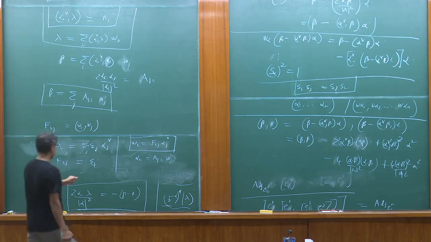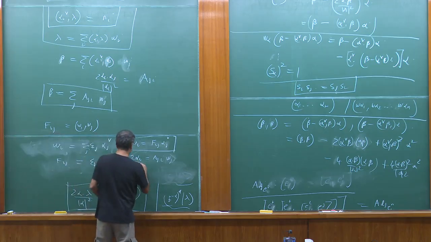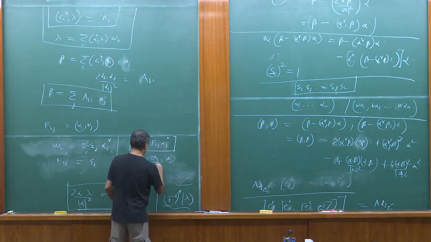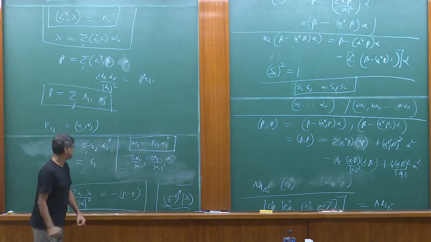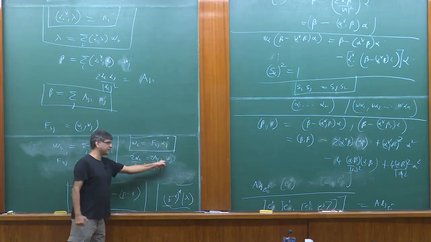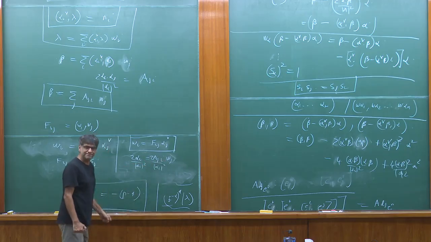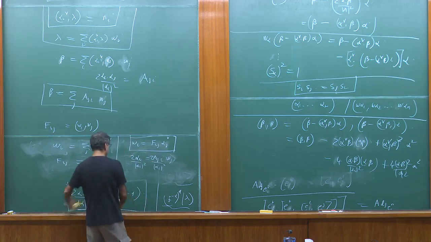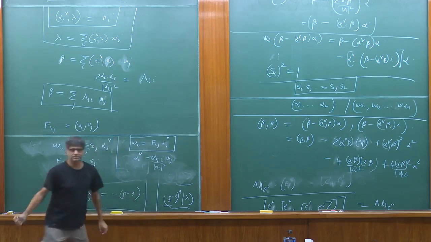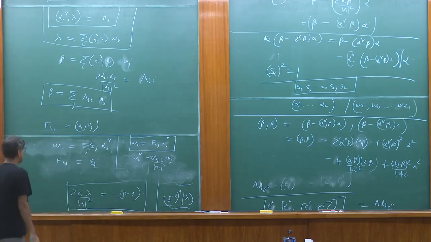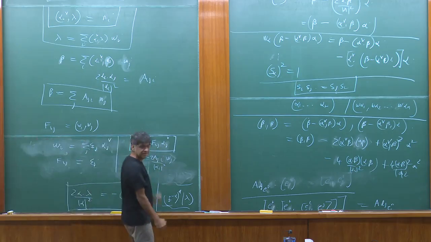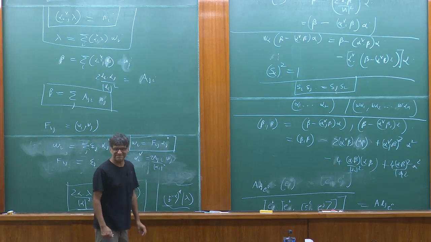So I can take this relation and just multiply by 2 over mod alpha_i squared on both sides. i was just a free index here, so I could just do that. And then this is just alpha_i vee. And you notice that these two relations are inverses of each other.